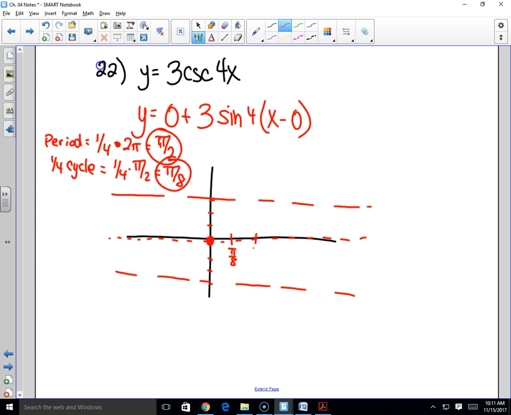So 1 pi over 8, 2 pi over 8, which is pi over 4, I think, right? 3 pi over 8, 4 pi over 8 would be pi over 2. Now my key points, I just need to go 1/4, I'm at the max, another 4th, and in the middle, another 4th, at the bottom, another 4th, and back up.